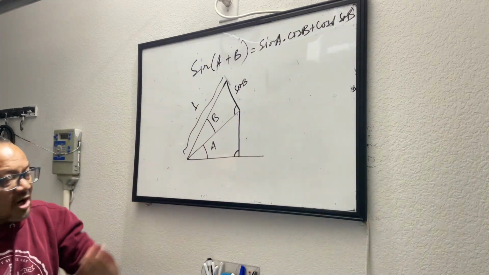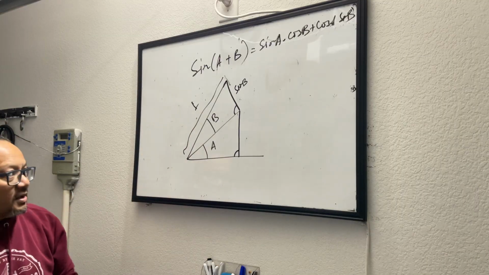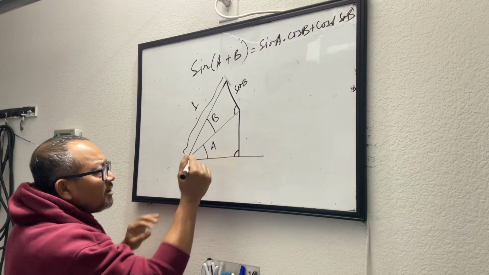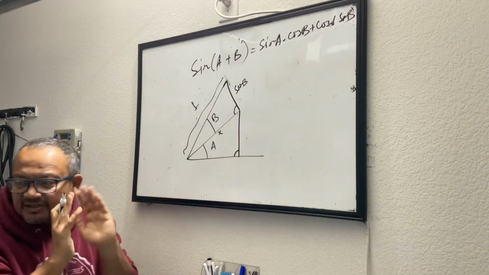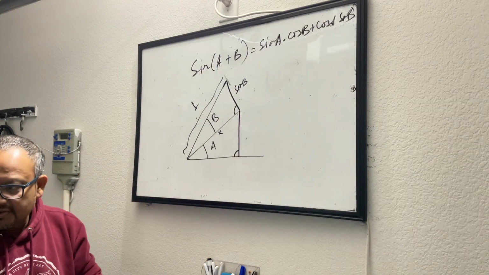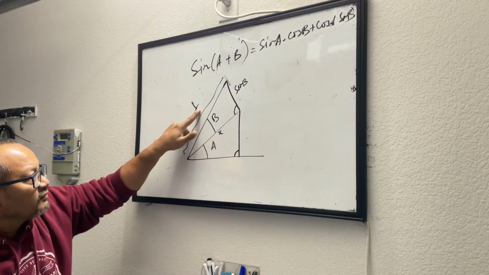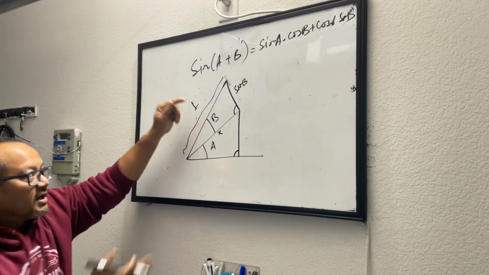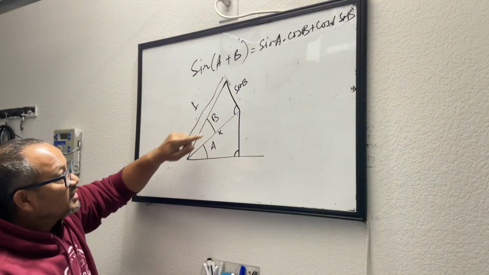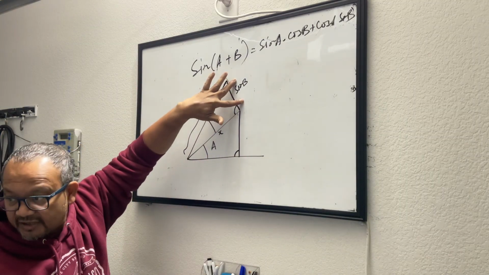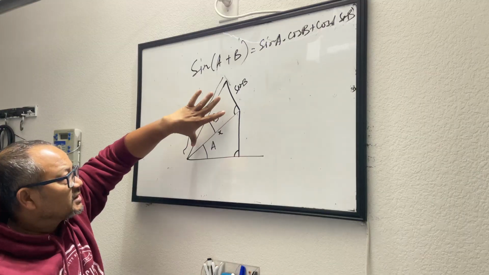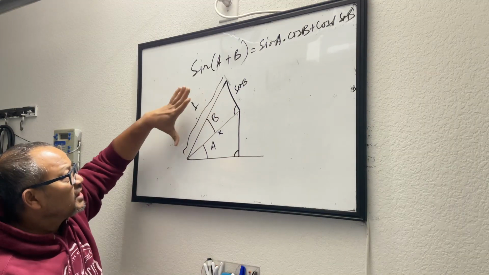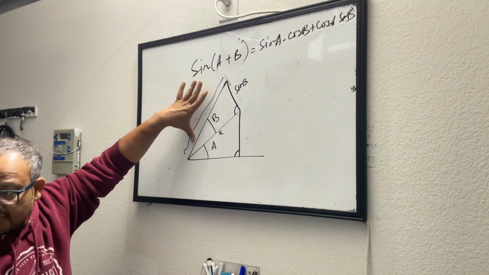I'm still looking at the top triangle, okay? How much would be this length? Now let's say this is x, okay? I'm just giving it a name and then deriving it, okay? So x over 1 would be what? Cos of B? I'm looking at this triangle, okay? This side we found is sine of B. This side I'm trying to find out. Because the only thing that we know is this side, which is 1, okay?